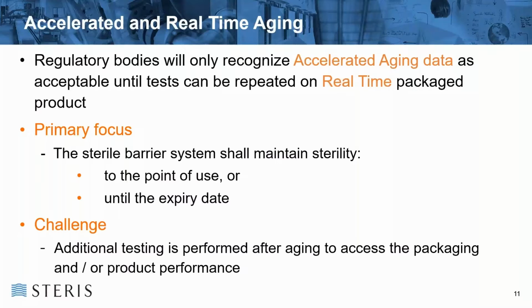And how you challenge it after the aging process is back down to what you decide in your risk assessment that the product can take. Typically, as I mentioned already, that would be the likes of bubble leak testing, dye penetration testing, seal strength testing, and burst testing. Those type of tests are typically what's used.